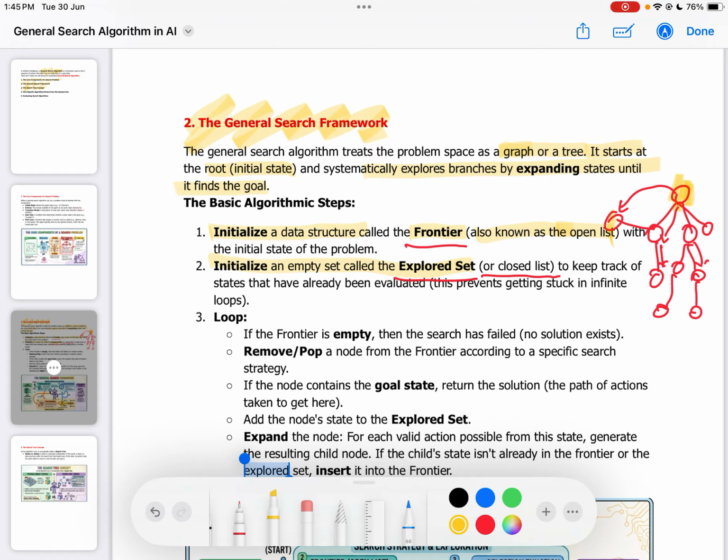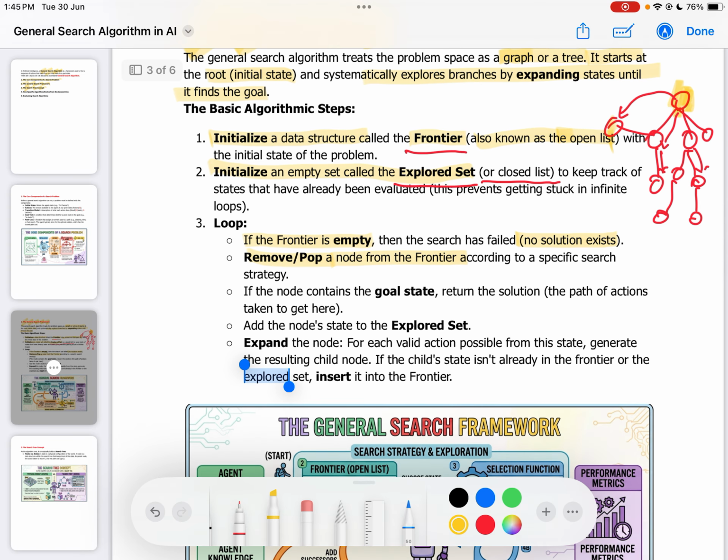As I mentioned before, if a node is empty, total tree is empty, then there is no solution. If there is no answer in one particular node, it removes it from the frontier and moves it to a closed list.